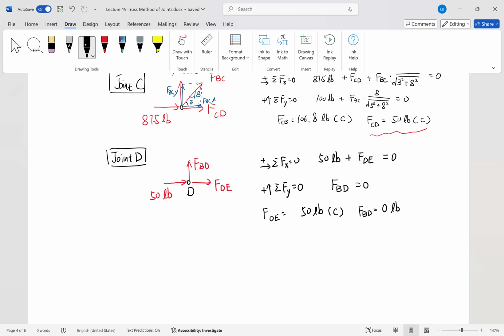In other words, there's nothing else that can have a y component opposite to the direction of FDB here.